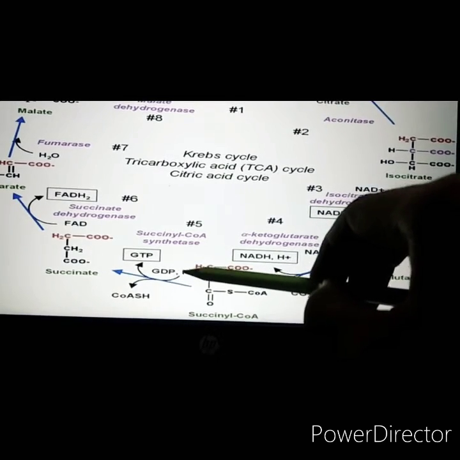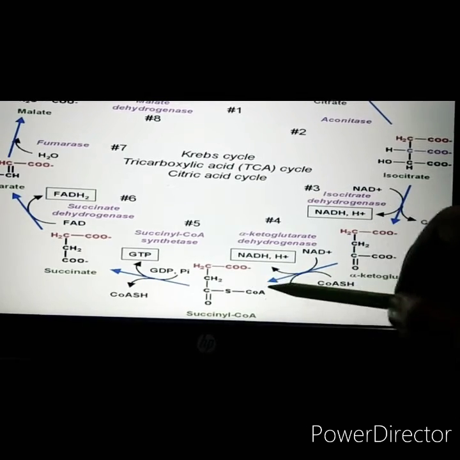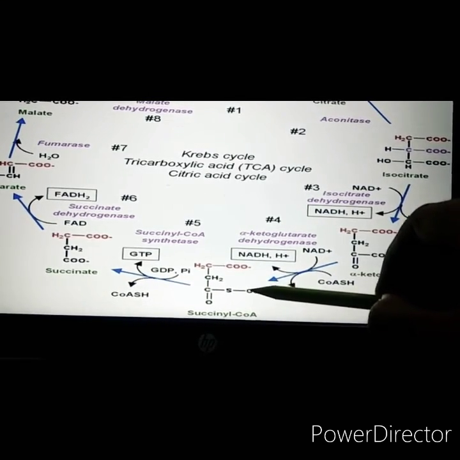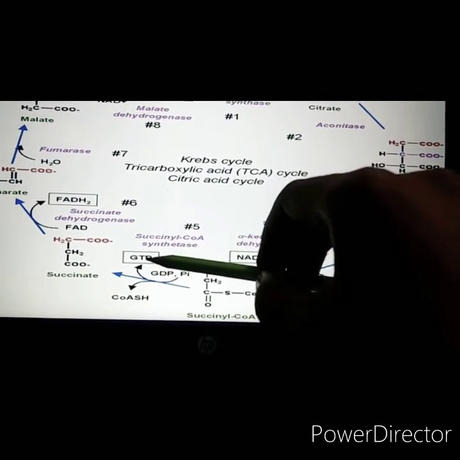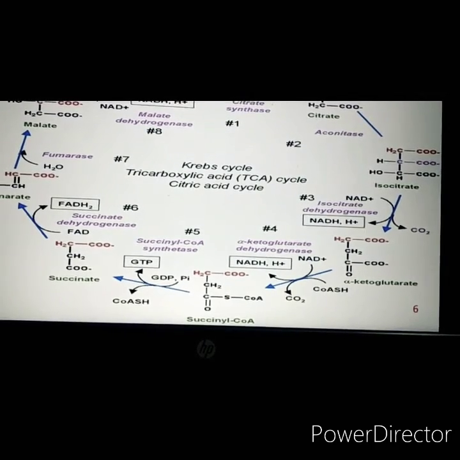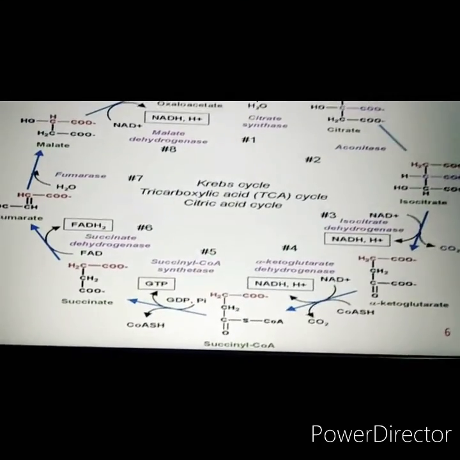So this GDP accepts the phosphate, and the energy lost by the release of the coenzyme A molecule is utilized for synthesis of GTP. Now this GTP is analogous to ATP. You know ATP, adenosine triphosphate, and guanosine triphosphate. So these both are analogous to each other.